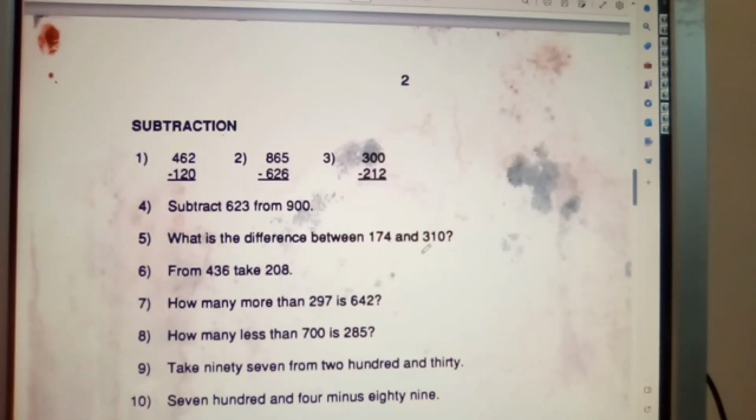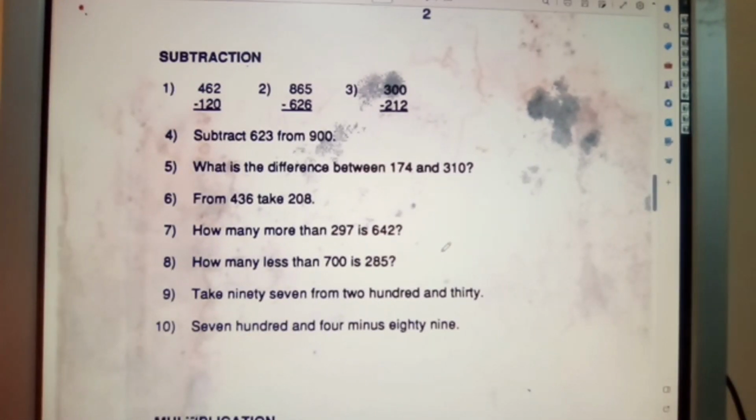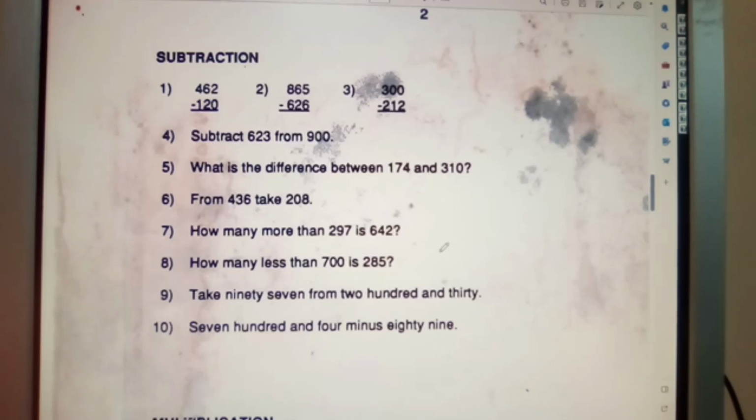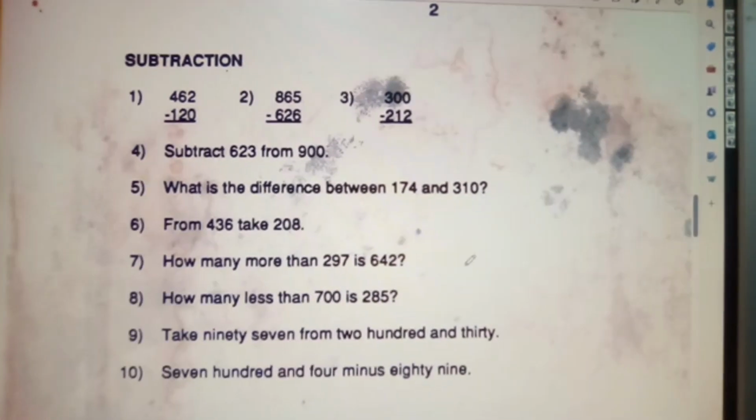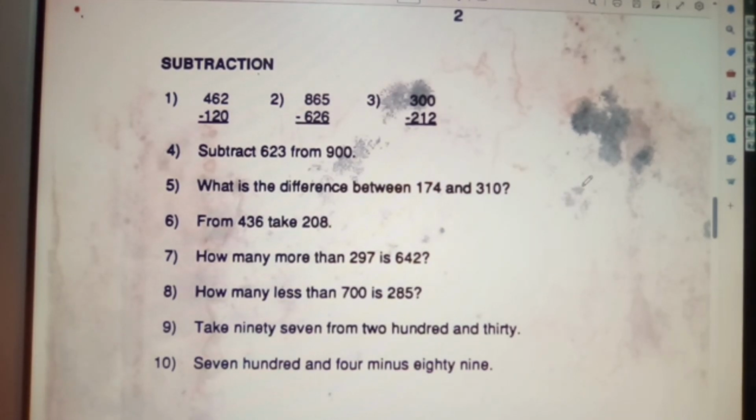Now here we have subtraction, okay? Now everybody should be able to do this, but believe me when I tell you that we have people who do not understand the concepts of these things. So it is important that we make sure that everybody understands and knows how it is done.